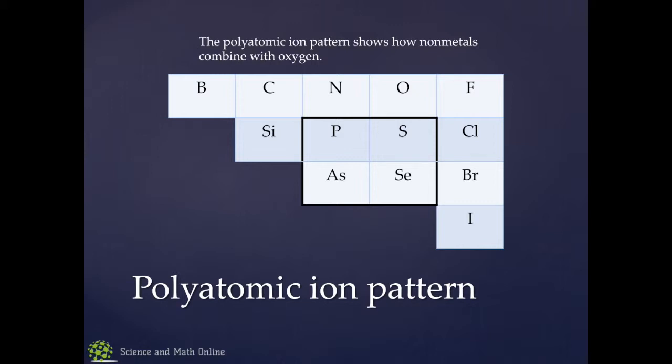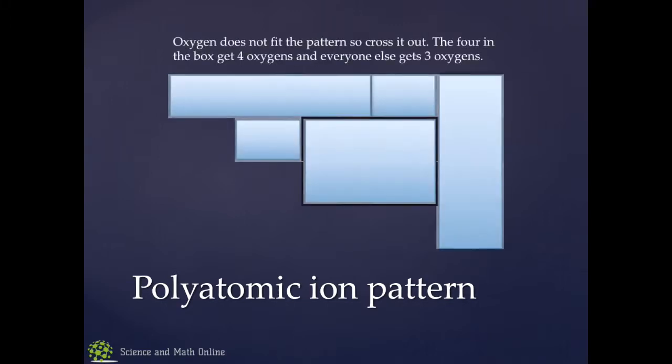So we're going to use this to look at how we do ions. Oxygen, first of all, write that down on your notes, and leave some space, because oxygen doesn't do this. So we're going to cross out oxygen, because we're not going to look at how oxygen combines with itself.